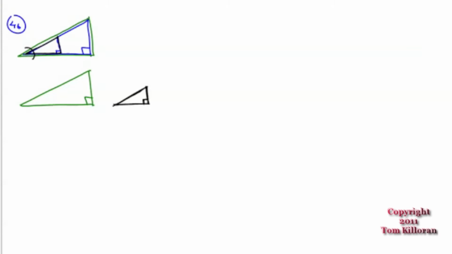So if we label this A, B, C, and label this one C, D, E, then if the triangles are in proportion to each other, I can write a fraction like A over B of the first triangle, and it's going to equal the same pattern on the other side.